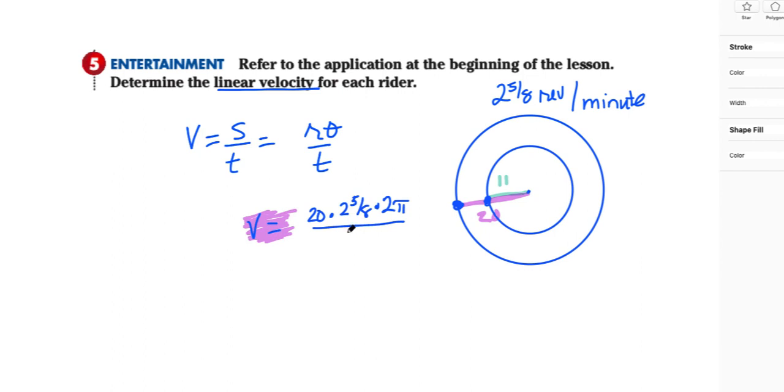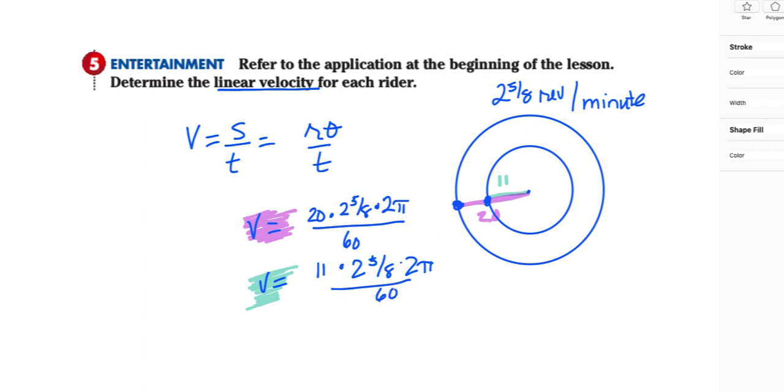Then I'm going to divide that by time, which is 60. And in one fell swoop, let me do the other one as well. For the person 11 feet from the center, we would have 11 times 2 5/8 times 2 pi, again over 60. We're doing this not per minute, but per second.